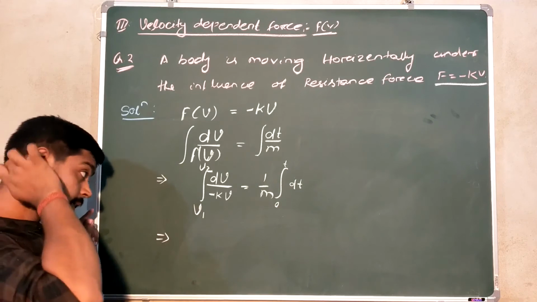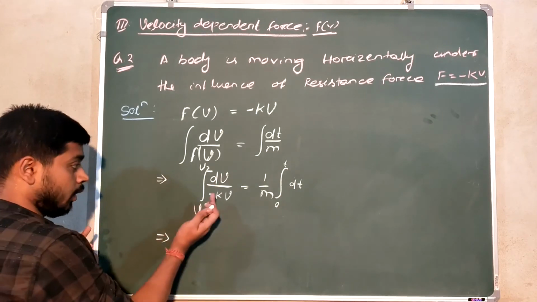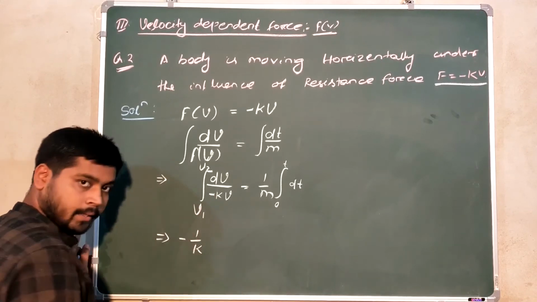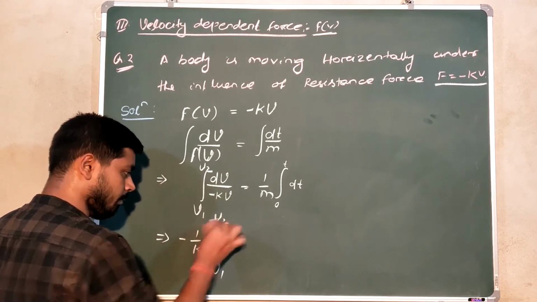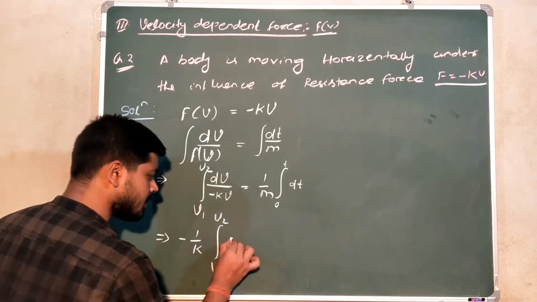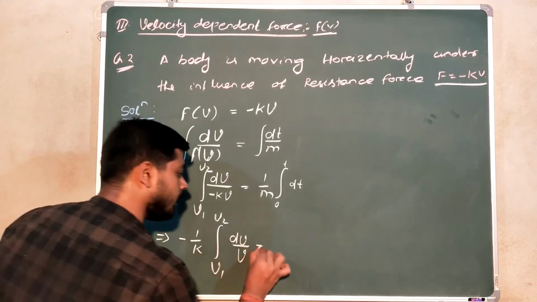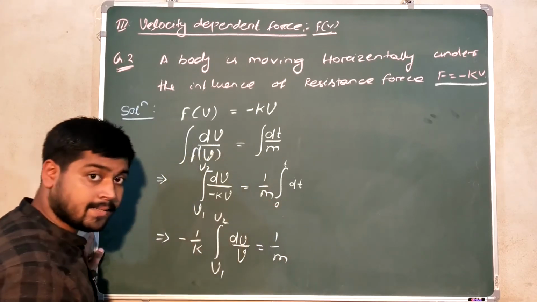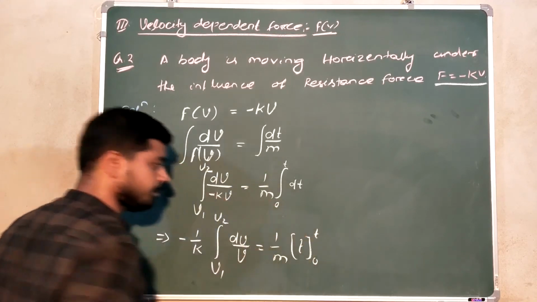That implies k is independent of velocity, so k comes out of the equation: minus 1 by k integration from v1 to v2 of dv by v, yes or no, equal to 1 by m integration of dt, which is t from 0 to t.